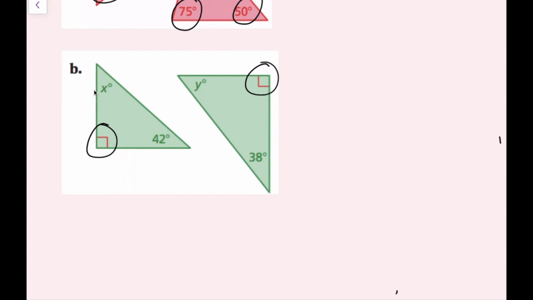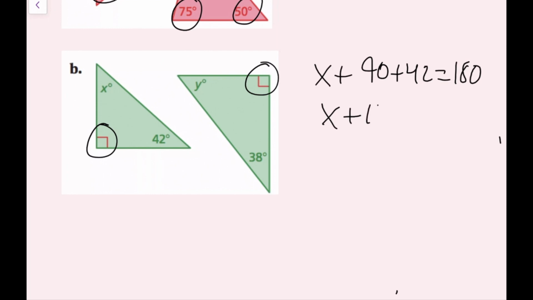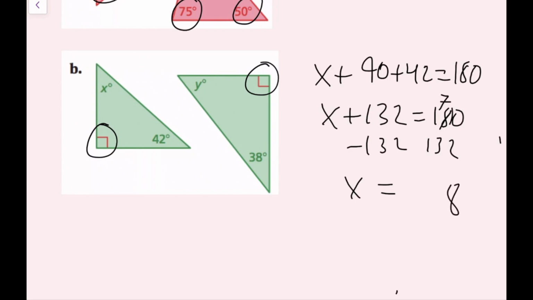So anyway, I'm going to solve for x. So I will do x plus 90 plus 42 equals 180. I'll combine my like terms, so I get x plus 132 equals 180. I'll subtract 132 on both sides. And I'll borrow this 7, get an 8, and a 4.